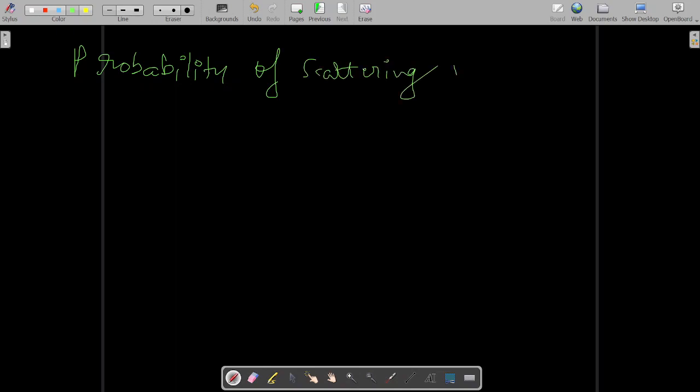Probability of scattering is equal to your intensity. Probability of scattering is also called intensity of scattering.